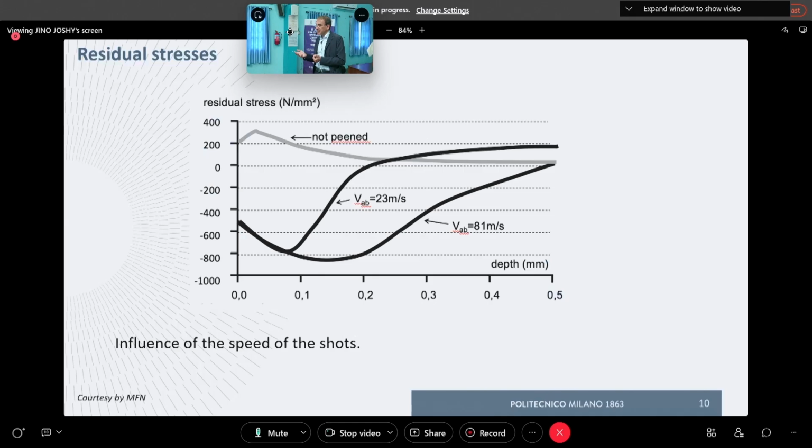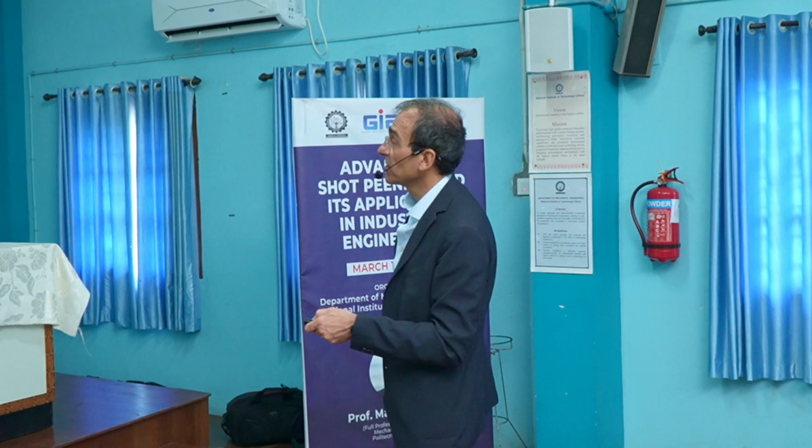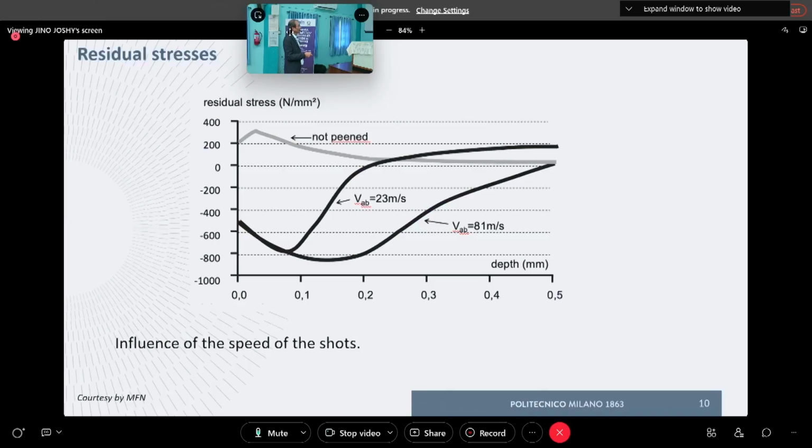Here we have two possible values. One is 23 meters per second, and we can see that the depth of the residual stress induced by shot peening is limited. The final maximum residual stress is not strongly different with respect to the one performed with the higher velocity, but the depth of the material subjected to compressive residual stress is quite shorter, something less than 0.2 millimeter.